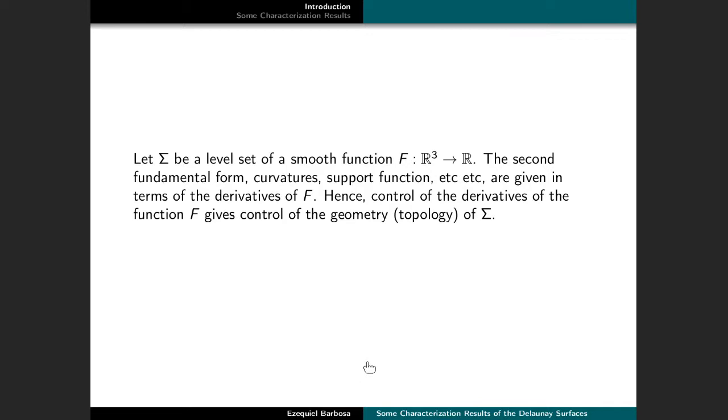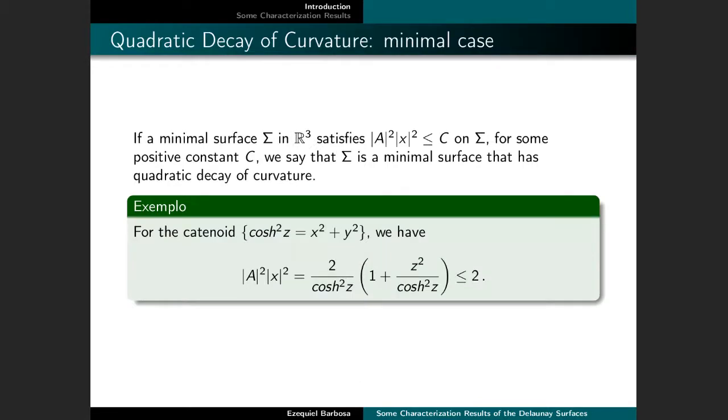One example of this is the catenoid. The catenoid is given by this equation and this function. If you explore the derivatives of this function in order to get the second fundamental form of the catenoid, you will see that the second fundamental form has this decay here.